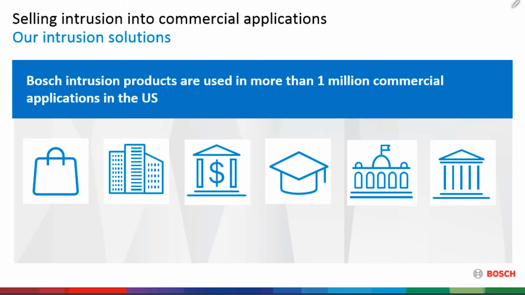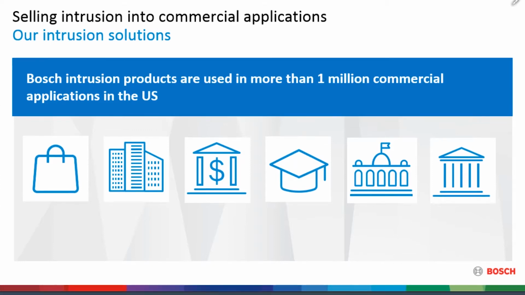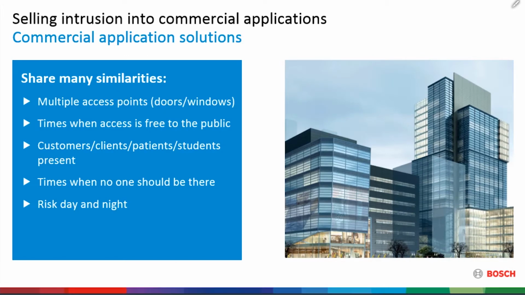So for example, if we look at a commercial application and look at some of the similarities that they might have. Think about a building. Most of these commercial locations have lots of access points, lots of doors, lots of windows, and lots of different ways that you need to protect those access points. They're going to be protected differently.